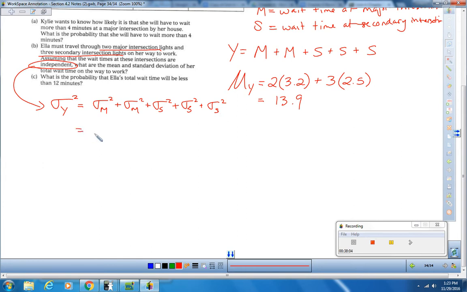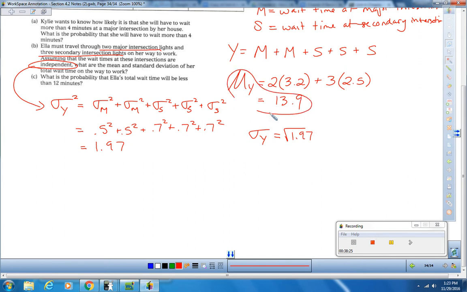This is 0.5 squared plus 0.5 squared plus 0.7 squared plus 0.7 squared plus 0.7 squared, which is about 1.97, which gives a hugely different standard deviation. It's the square root of 1.97, which is 1.4036. All right, that was terribly long, or terribly wrong.